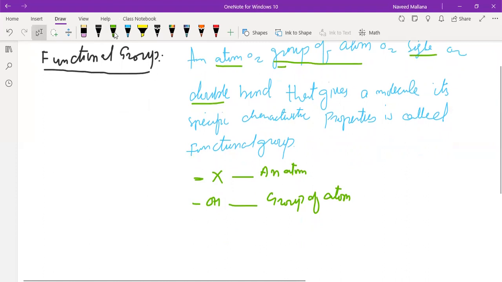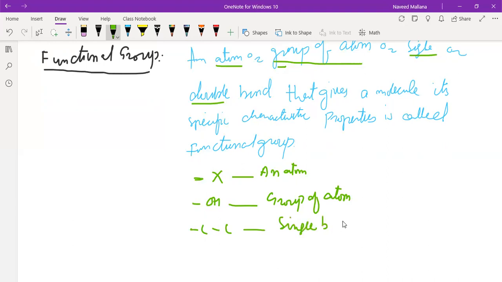Let us take, we have a single bond, carbon, carbon single bond, okay, single bond.